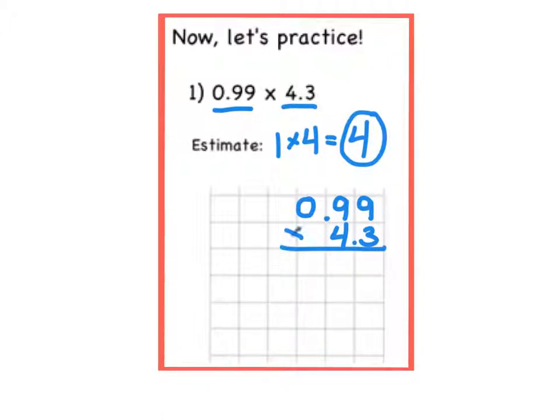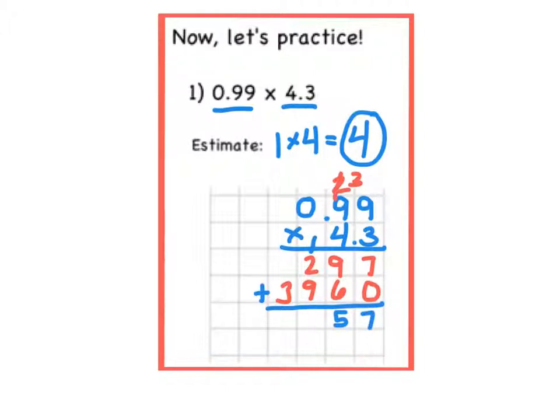Now that I have my problem lined up, I'm going to multiply through. I'm going to begin with multiplying by my 3. Now I'm going to put my placeholder in so I can begin to multiply by my 4. And when I add my partial products together, I'm going to get 4, 2, 5, and 7.